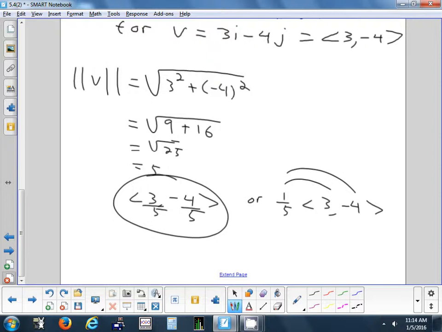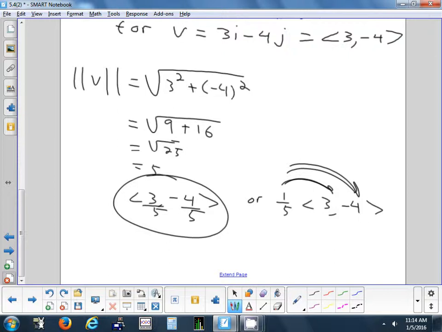So now this vector points exactly the same way. It was 5 units long. We scaled it down by 1/5, so now it's exactly 1 unit. And that's how you make a unit vector. Just find the length, then divide each component by that length.